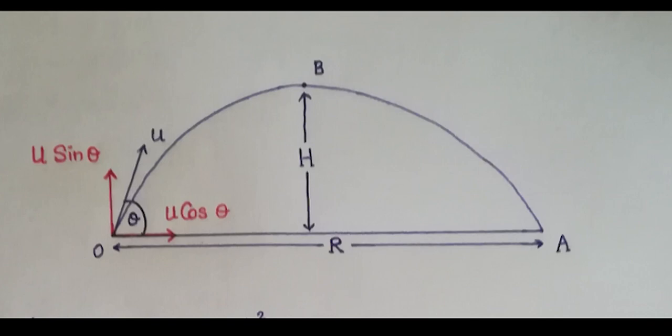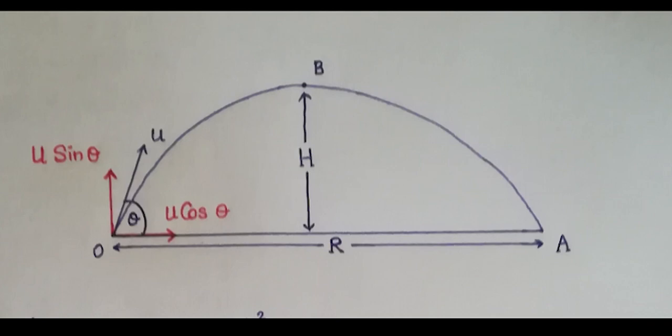So I can resolve this initial velocity into vertical and horizontal directions. From that we get the vertical velocity is u sin theta and the horizontal velocity is u cos theta.